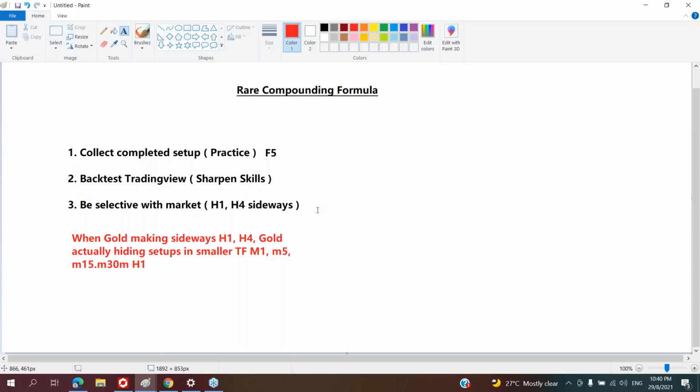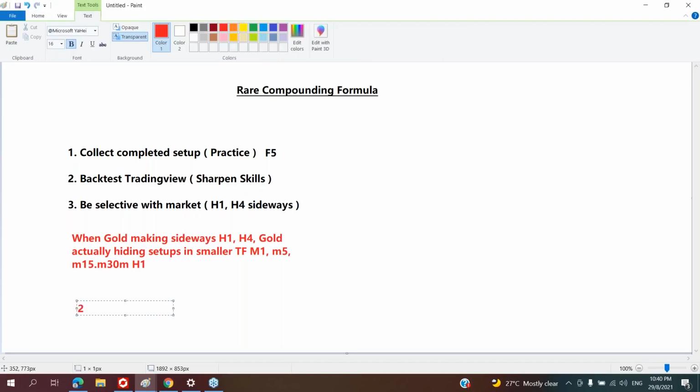If I have $200, I'm going to divide by 600, so I will start with 0.33 lot as my first entry.